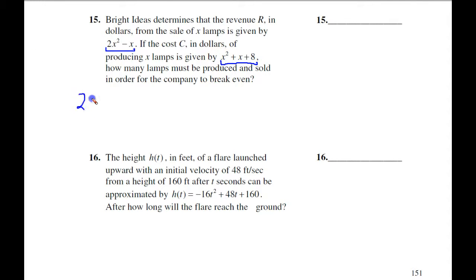So it'll be 2x squared minus x equals x squared plus x plus 8. Now, how do you solve that? Well, again, you have to put it in standard form. So we'll transpose this. On this side, it becomes x squared. Here, this is going to become a negative 2x and a negative 8 equals 0.